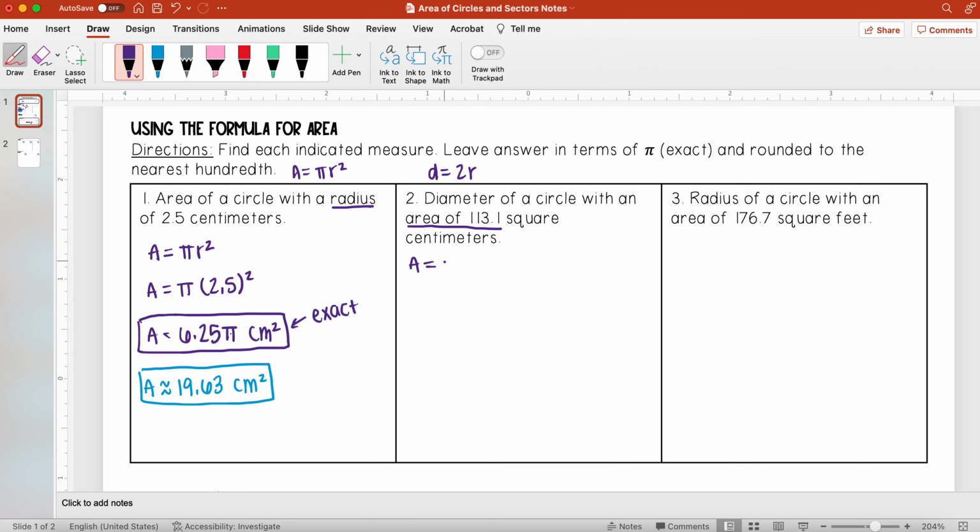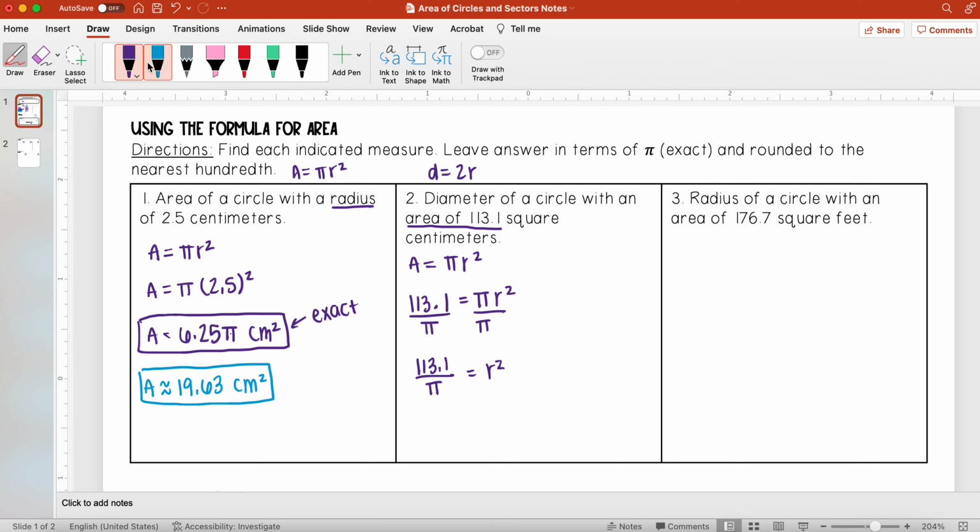So first I know that area is equal to pi r squared. Here I'm told that my area is 113.1, so I'm going to replace A with 113.1. I want to get r by itself, so I first need to divide both sides by pi. And so I get 113.1 over pi is equal to r squared.